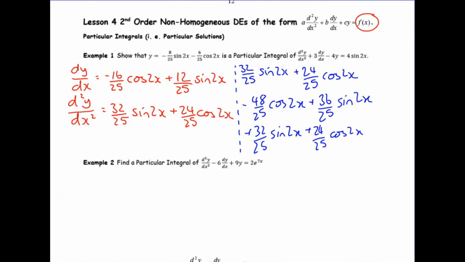You'll notice there's a bunch of coses and a bunch of sines, so we'll collect all of this up. The coses cancel out. I've got 24 plus 24 is 48, minus 48 over 25. They cancel. For the sines, I've got 32 plus 32, so 64 plus 36, that's 100 over 25, which is 4 sine 2x.